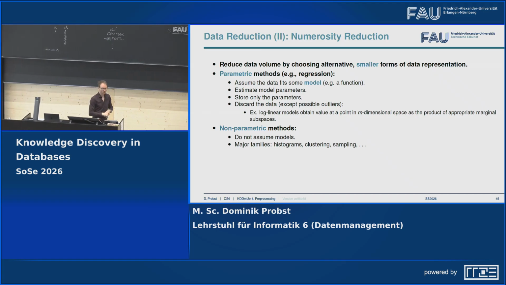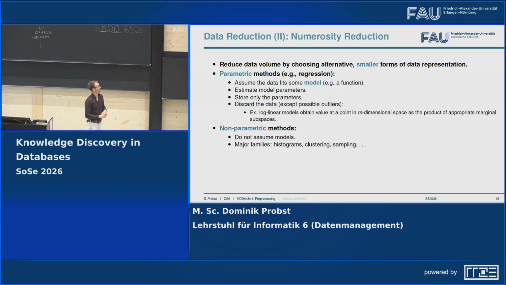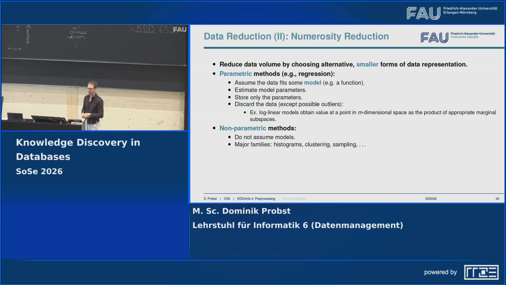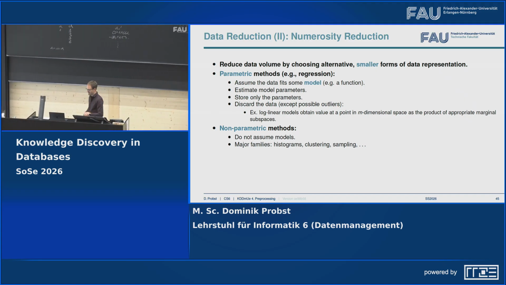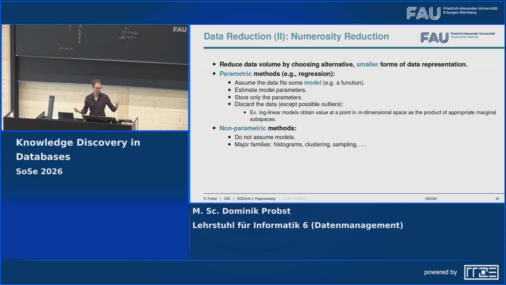We also have non-parametric methods, where we, for example, use histograms, clustering, or sampling to reduce the numerosity. Sampling is something we already talked about. We try to sample data to reduce the number of tuples we work with by trying to find a representative sample of a data set.